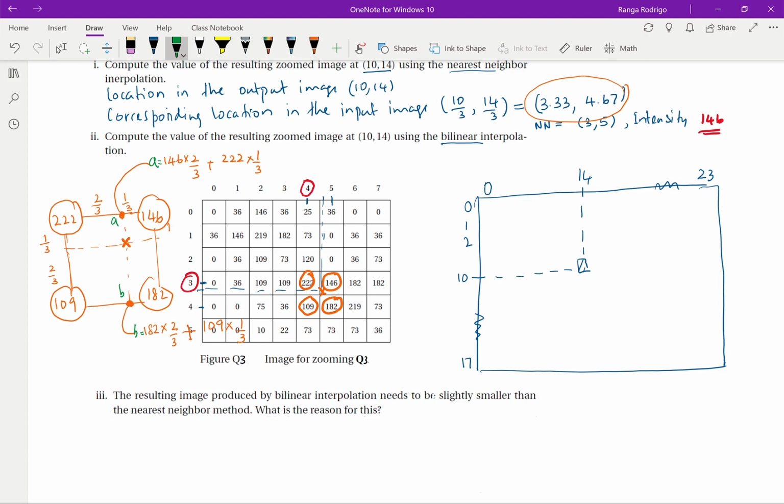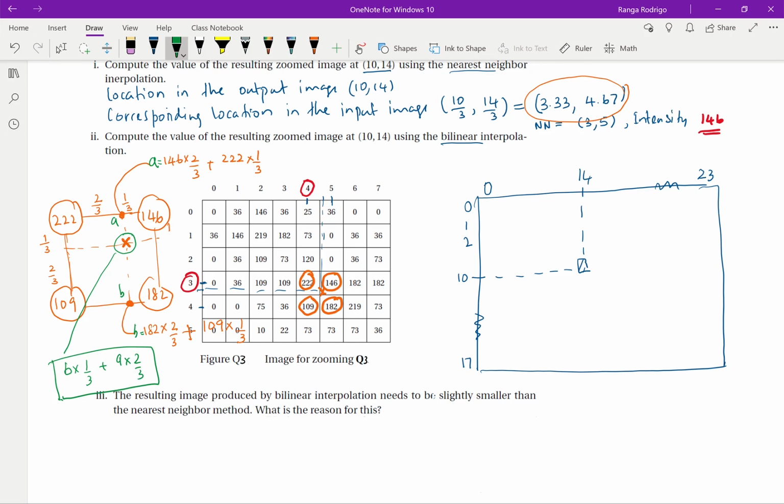So now when you have those A and B values, to compute the value right here, the actual answer would be B times 1 over 3 plus A times 2 over 3. So this is the final answer. So you must get a value between 222, 146, 109 and 182.